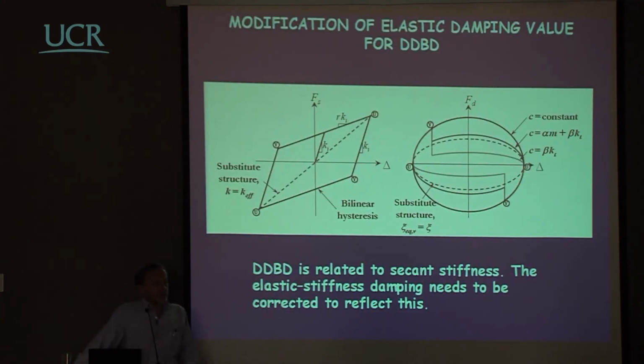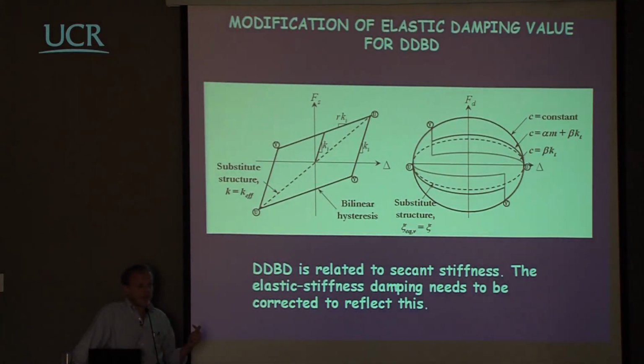The other thing that we should consider is that we are not using either an initial stiffness nor a tangent stiffness, but we're using an equivalent stiffness. And if you look at the kind of viscous damping in terms of force and displacement, you have an oval if you are going for a constant stiffness, but this oval is modified very significantly in the case of a bilinear response, for example.